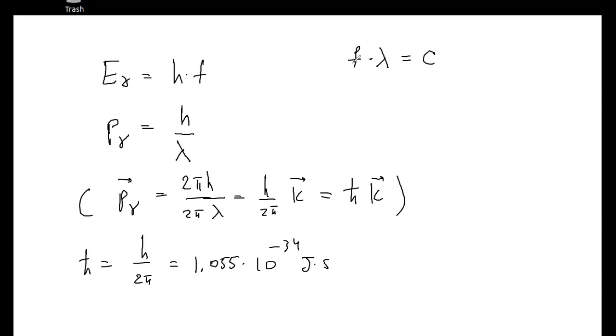Yeah? Or no? Do you know such an equation? Physics 2 people. Yes. Okay, frequency multiplied by wavelength is the speed of light. What kind of relationship would you assume between E gamma and P gamma?